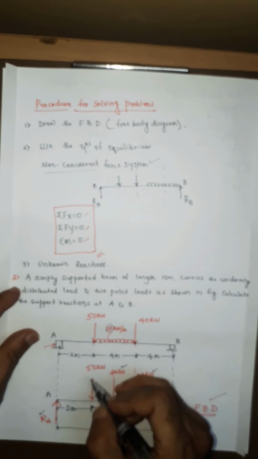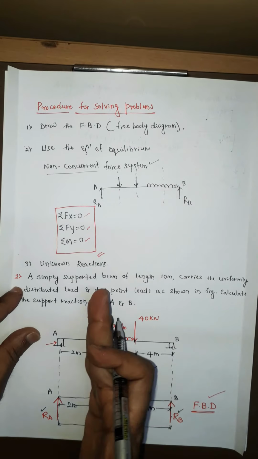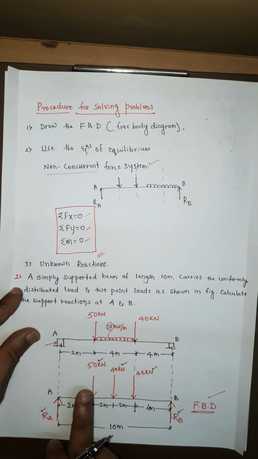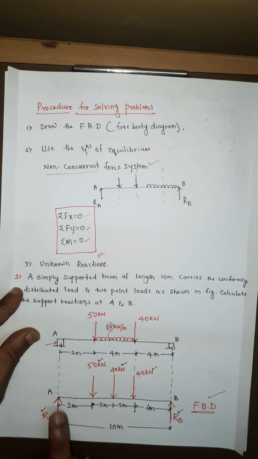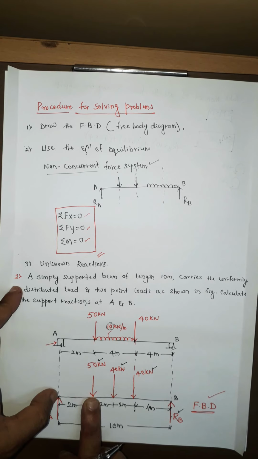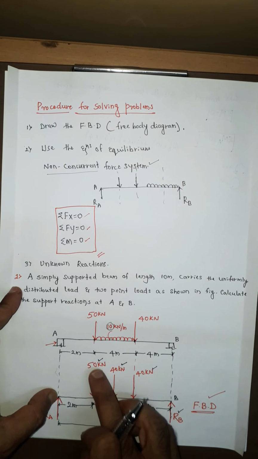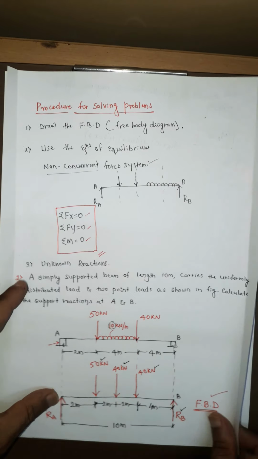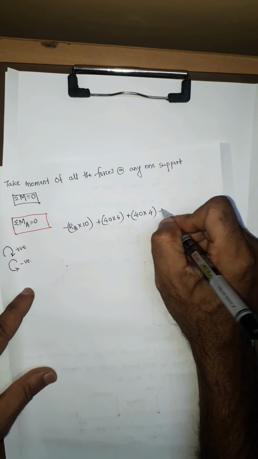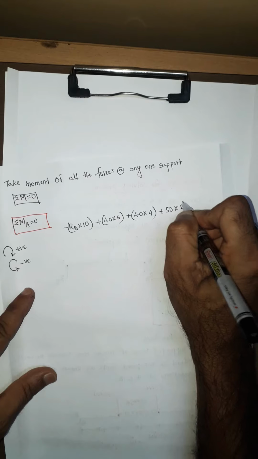Next, 50 kilonewton. The perpendicular distance between this 50 kilonewton and A is 2 meter. Again with reference to A, this is going to produce clockwise, so plus 50 into 2.